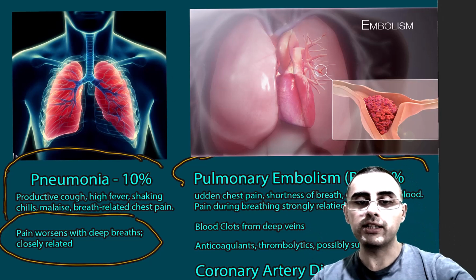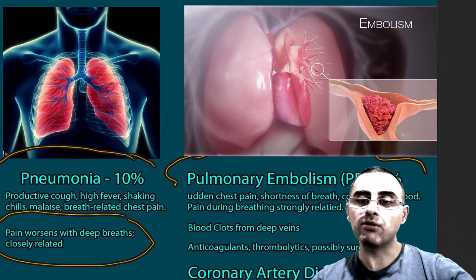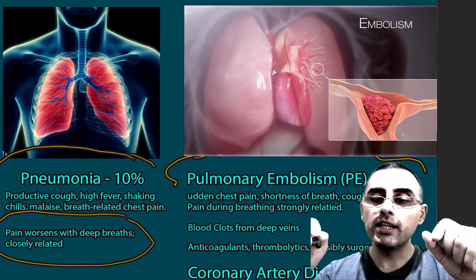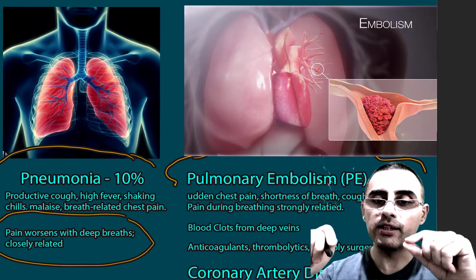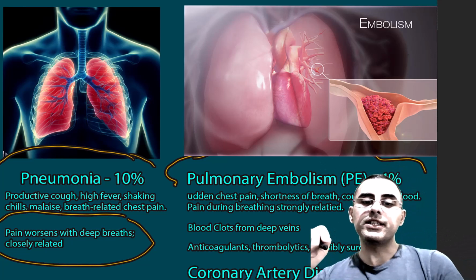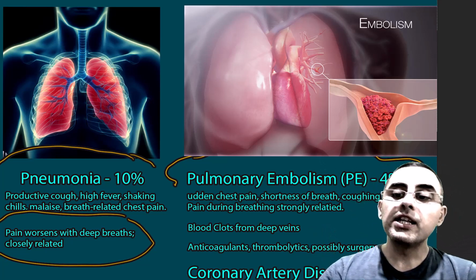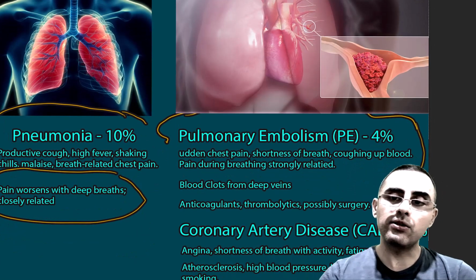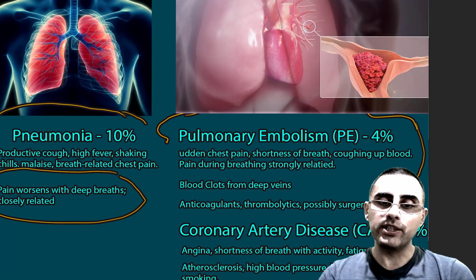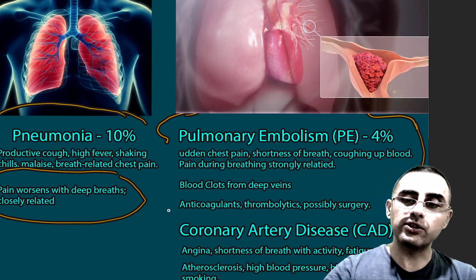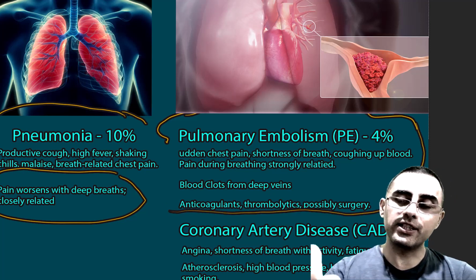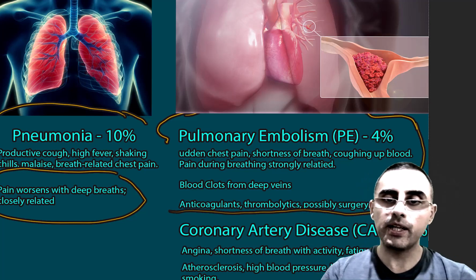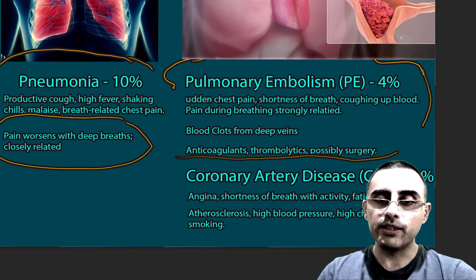So it's important. Sudden chest pain, shortness of breath, coughing up blood, pain during breathing, and if a person has vein problems, it can be pulmonary embolism. But in the healthy population, it's rare. Usually it occurs among the older population. Anticoagulants, thrombolytics, and sometimes surgery are needed, and it's an emergency situation and needs urgent treatment.